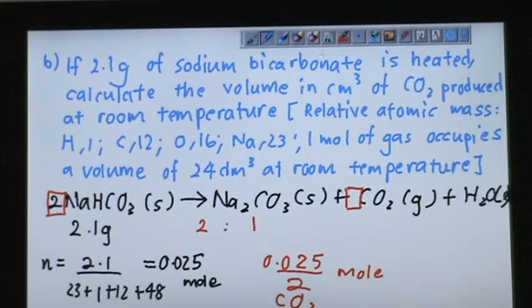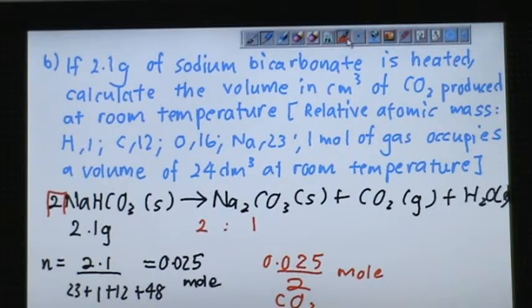Okay, so what we are supposed to find right now is, let's rub off this one first, the volume of carbon dioxide at room temperature. We all know that 1 mole of gas occupies a volume of 24 dm cube at room temperature. They have already specified that it is room temperature.